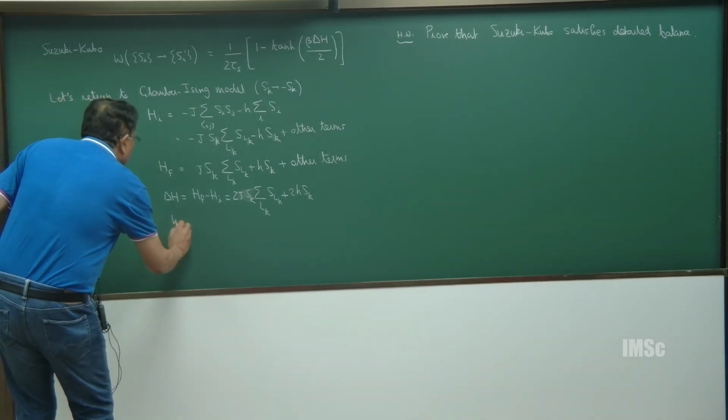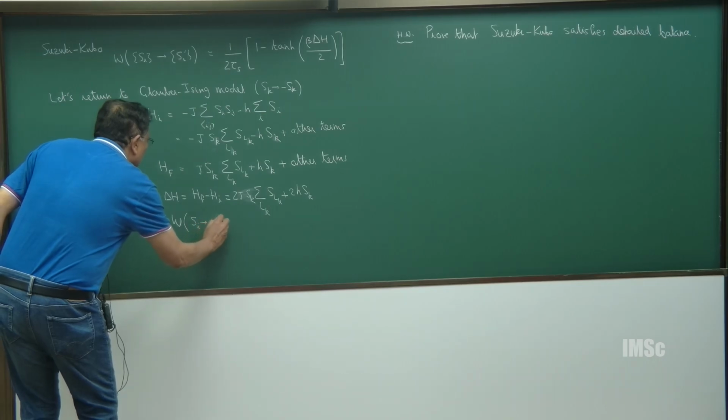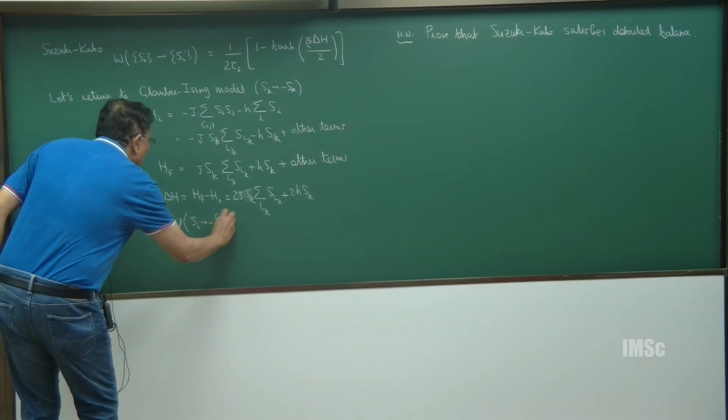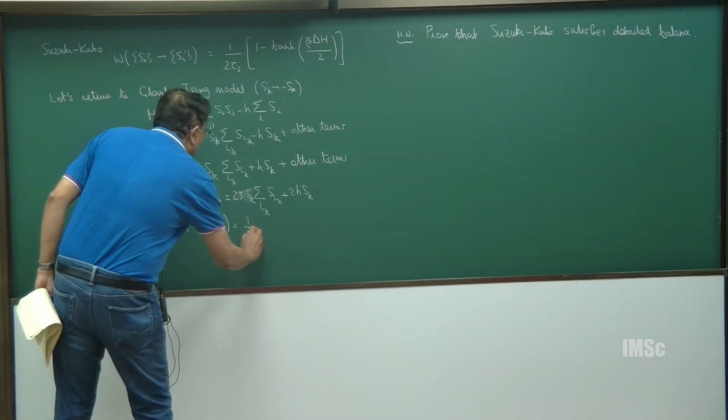The Suzuki-Kubo form, as Si flips to minus Si, is equal to 1 over 2 tau s.